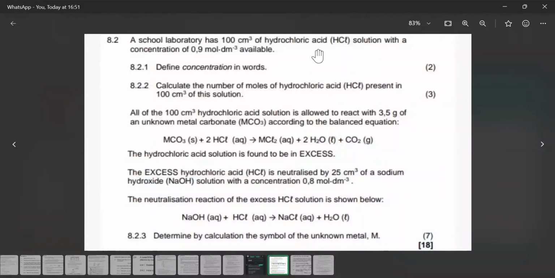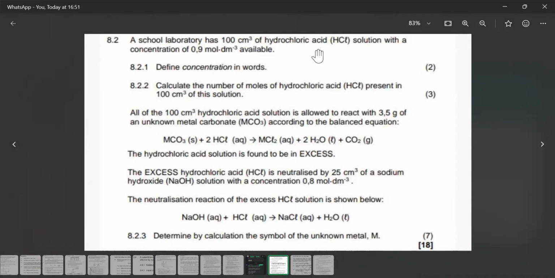Then from the last reaction, we are going to use information about sodium hydroxide, that 25 cubic centimeters and the 0.8 mole per cubic decimeter, in order to find the number of moles of hydrochloric acid that are in excess.